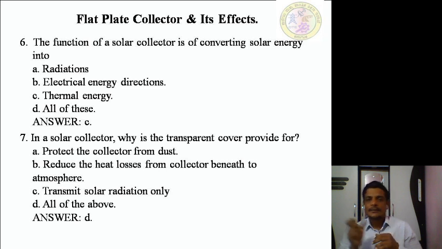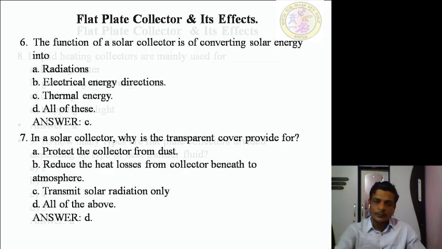Here the answer is D, because it will protect from dust, reduce the heat losses from the collector, and also transmit solar radiation to the absorber. That's why D is the correct answer, all of the above. Then we move to the next.